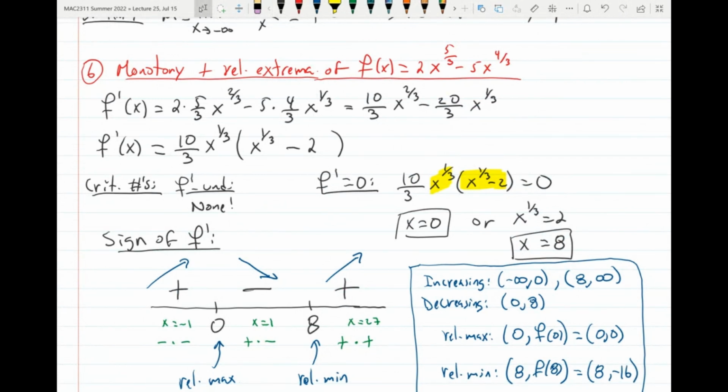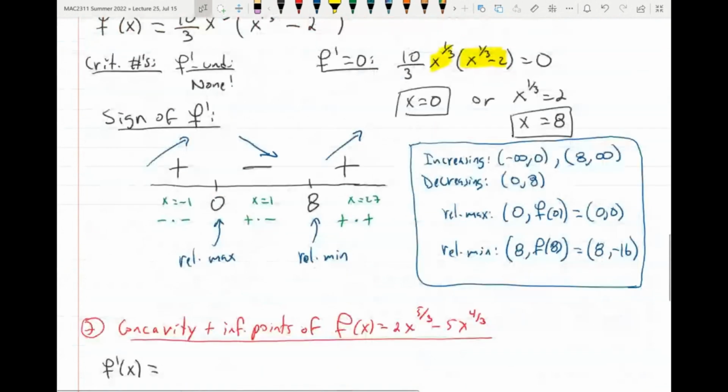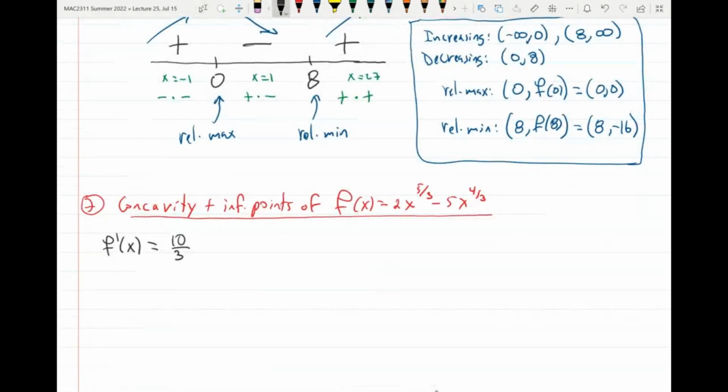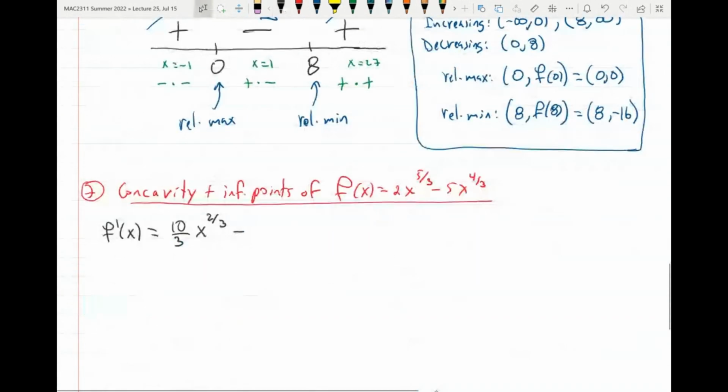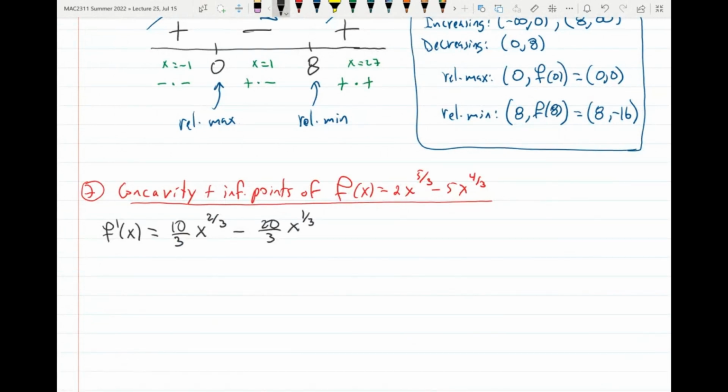So might as well use the non-factor version, which is the one above. So I'm going to use that one: 10 over 3 times x to the 2 over 3 minus 20 over 3 times x to the 1 over 3. Okay, so that's our first derivative.